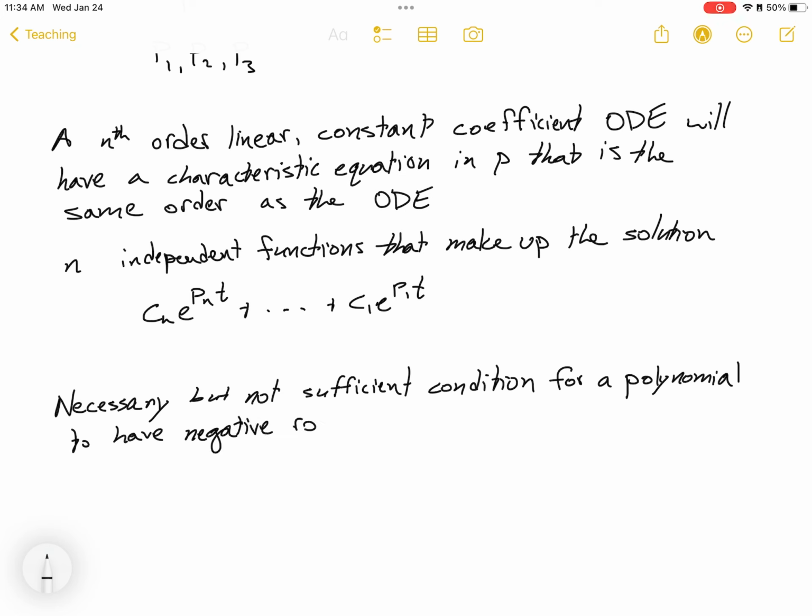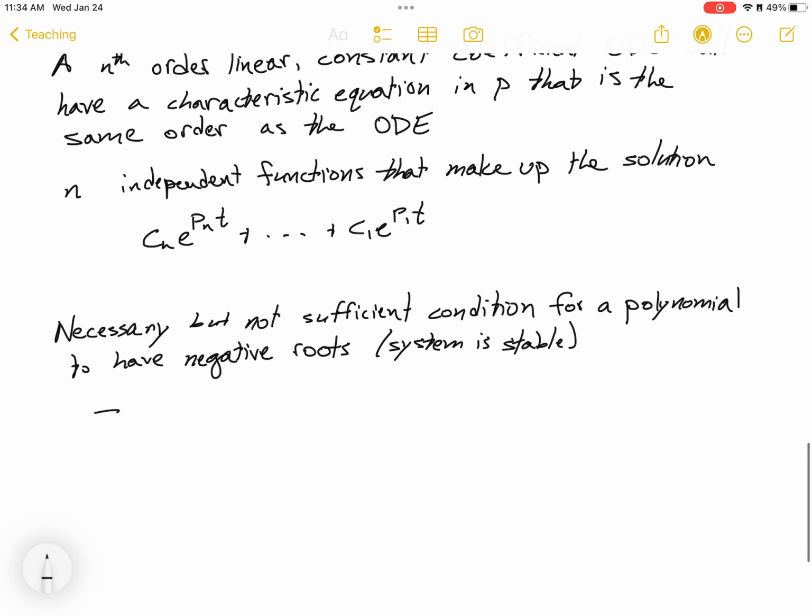And this matters to us because that means the system is stable. So the necessary but not sufficient condition for all roots of the polynomial to be negative is that all coefficients of the polynomial are positive.